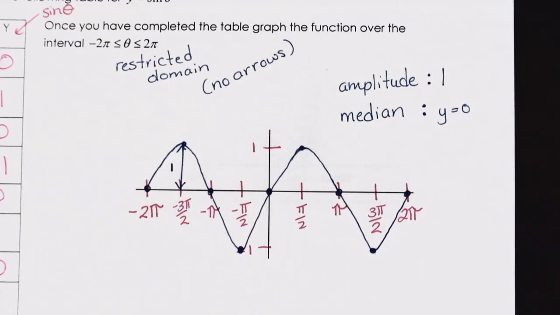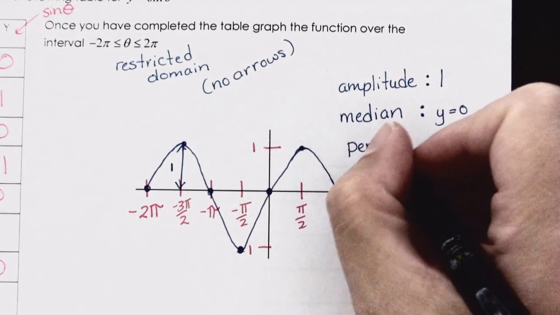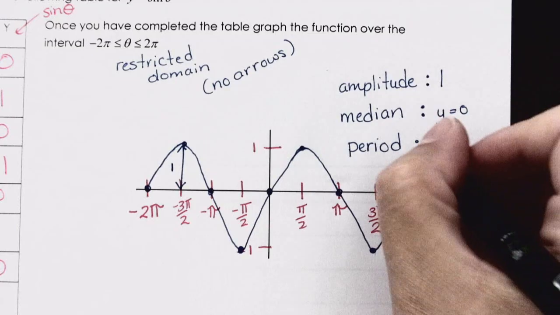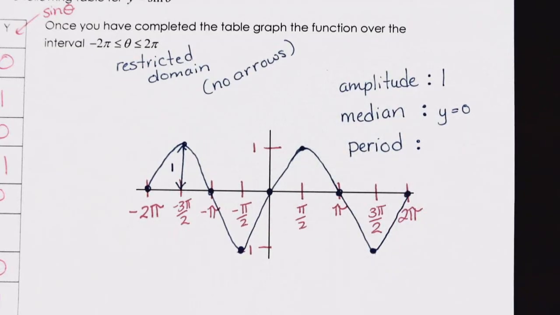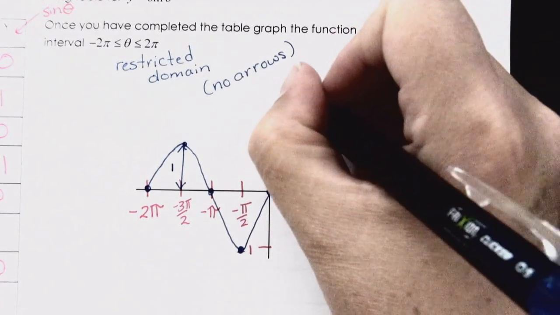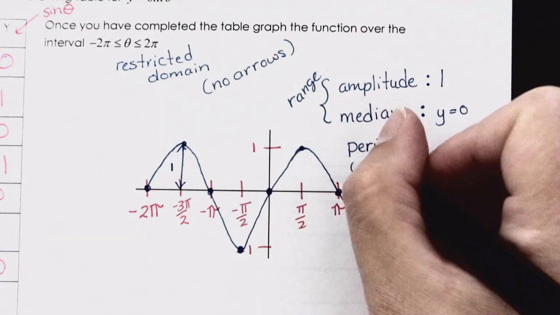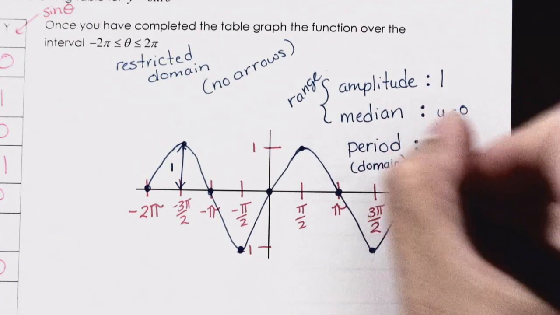All right, let's talk about your period. Pick any starting point. 0. Okay, so these two are related to the range, and then the period is related to the domain.